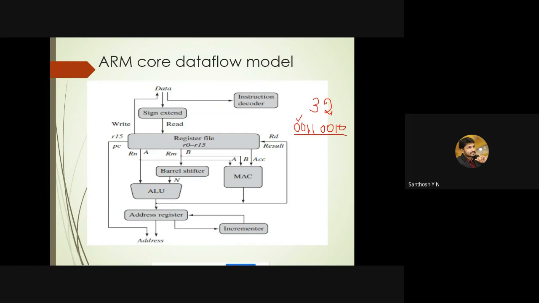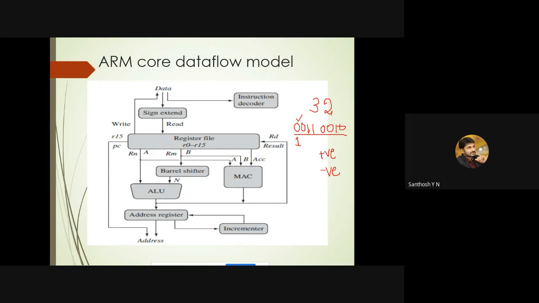Since it is 0, I come to the conclusion that this number is a positive number. And if this bit position is 1, then I have to conclude that this number is a negative number. This is how the processor will work: the number is positive if the MSB is 0, and negative if this bit position is 1.